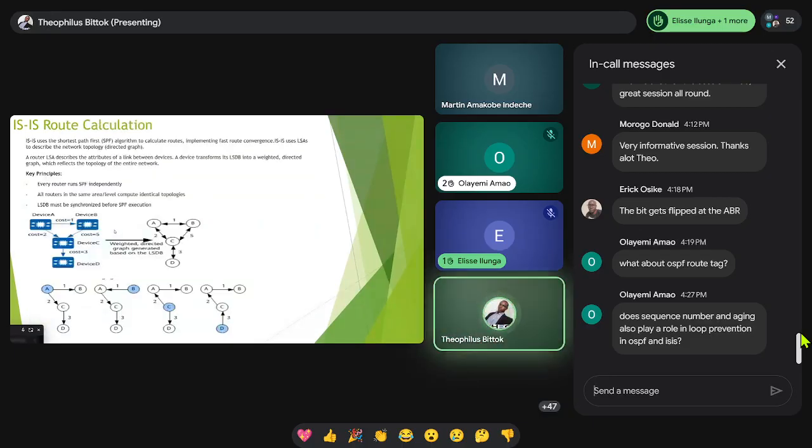For loop prevention in ISIS, it's mainly using the down bit and the up bit. Let's say, for example, if I had received a route from an L1, I'll always attach the down bit when it's going from L1 to L2, and then from another L1, L2 to another L2, and downstream to another L1, L2, and then I advertise to another L1.